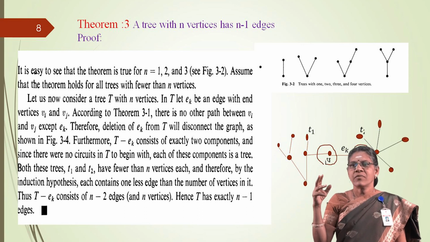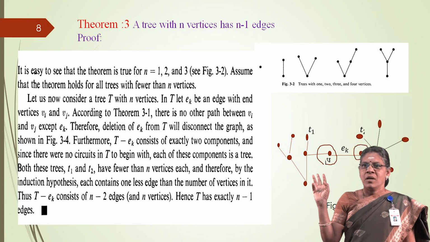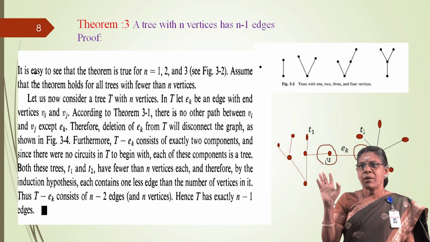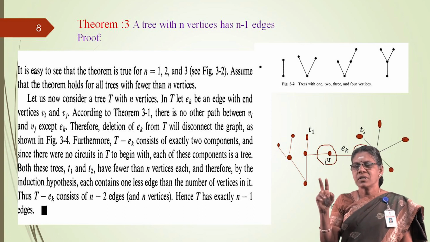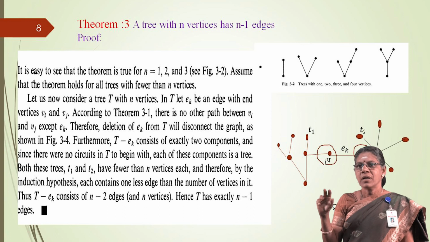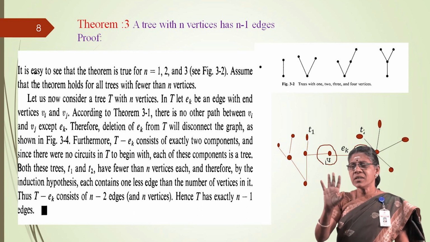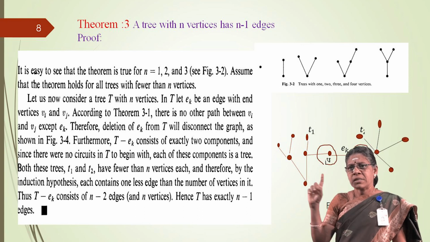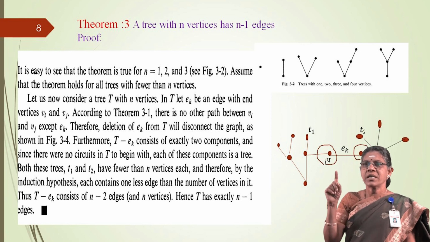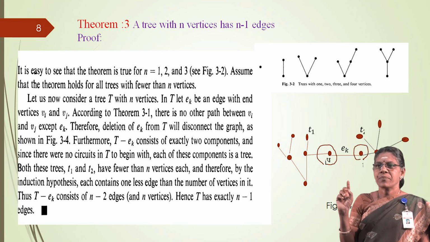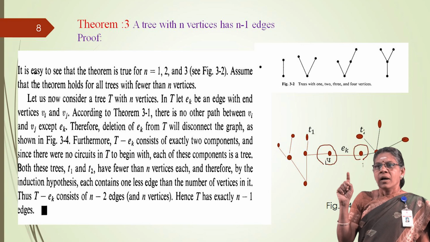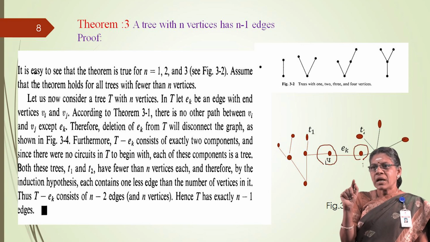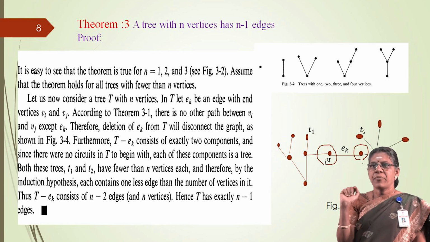So from this we can trivially see the theorem: n vertices means n minus 1 edges. Next, another example. Let us consider a tree T with n vertices. In T, consider the edge Ek.